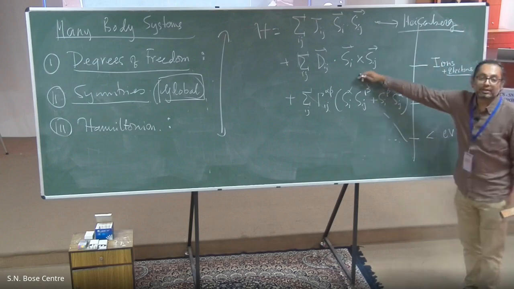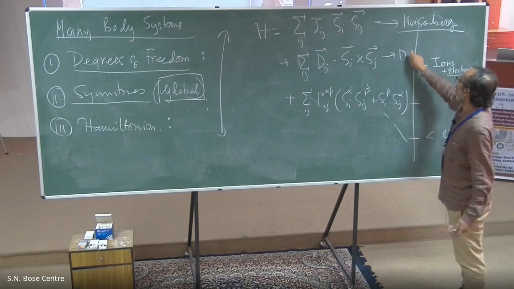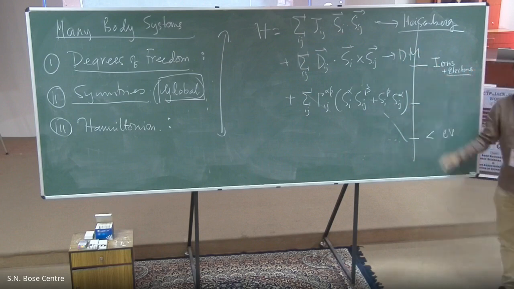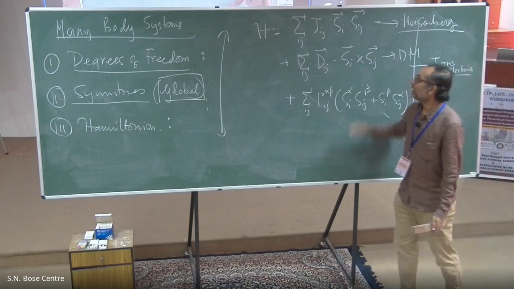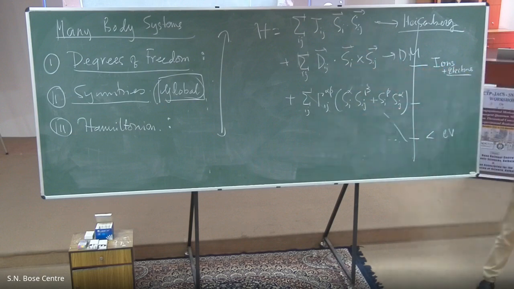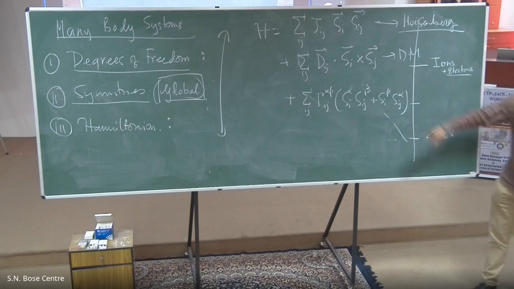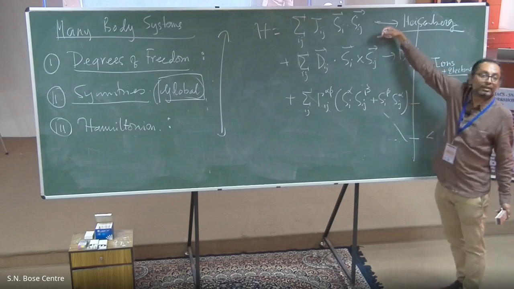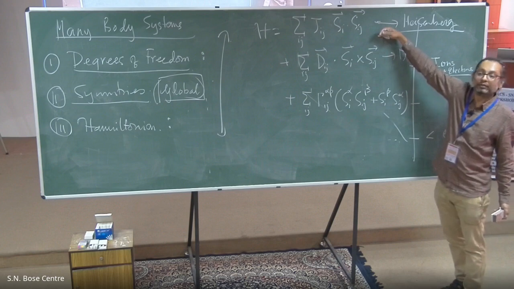This is the Dzyaloshinskii-Moriya term. And this is called the pseudo-dipole term. When you write down this generic form, typically it's useful to divide it up in this way. And this is the one that survives in the spin rotation invariant case.